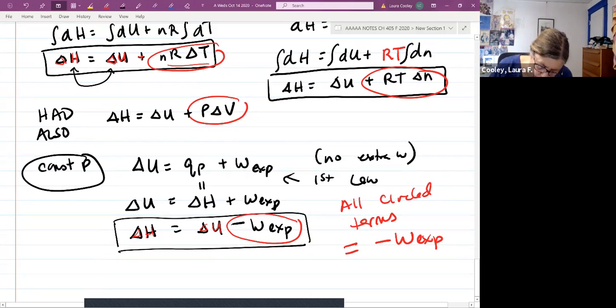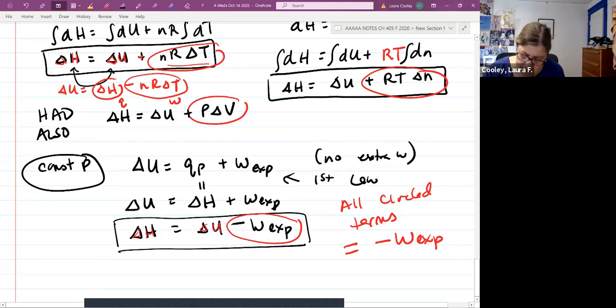Or you could think about it this way, delta U is delta H minus N R delta T. This is Q, and this is W. That might be the easier way to think about it. This is Q, this would be W. Okay, and this one as well.